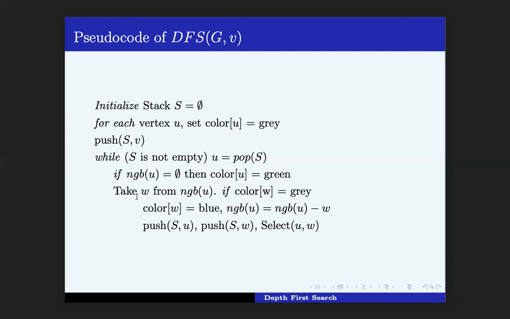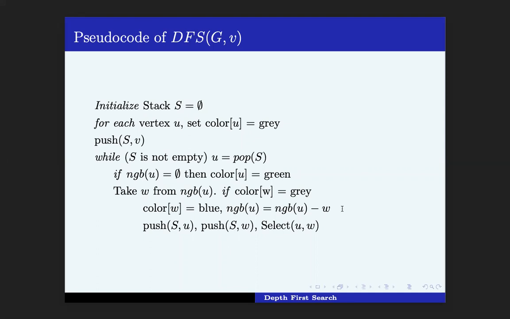Else you take some W from the neighborhood of U. If the color of W is gray, meaning W is still not visited, then you color that vertex blue. From the neighborhood set of U, you remove W.